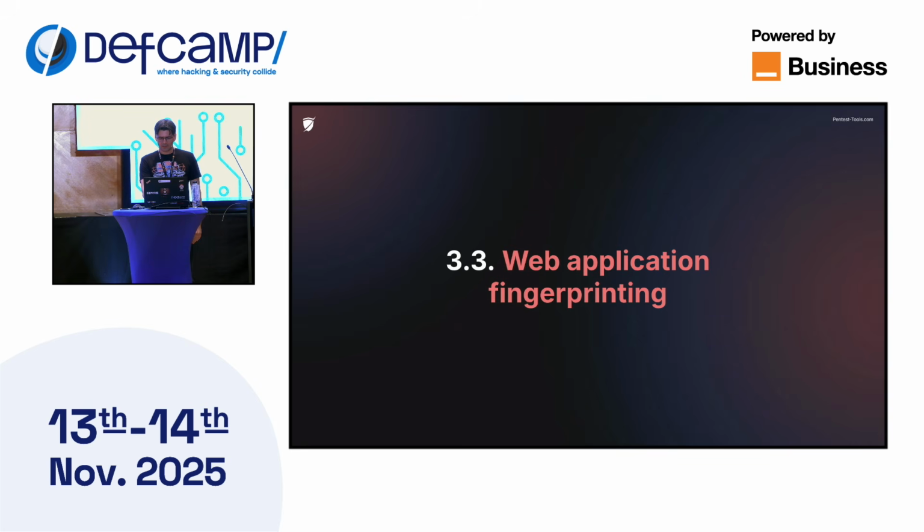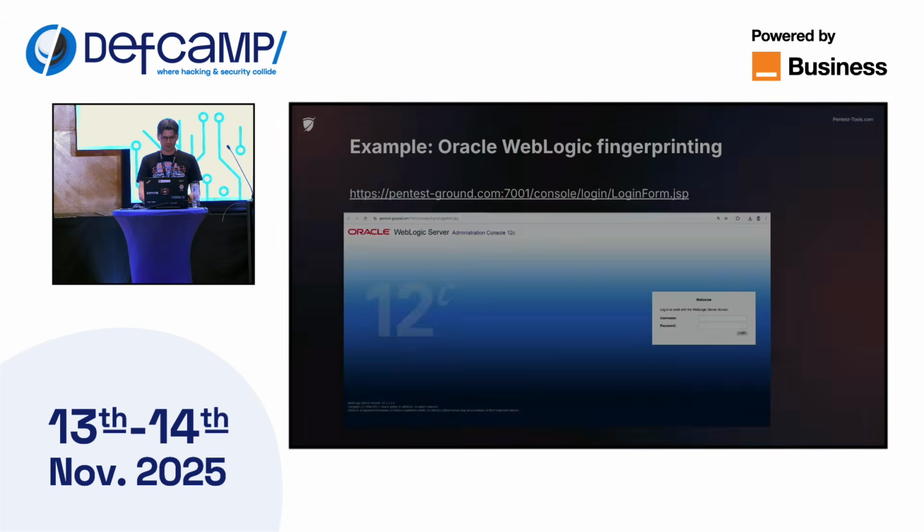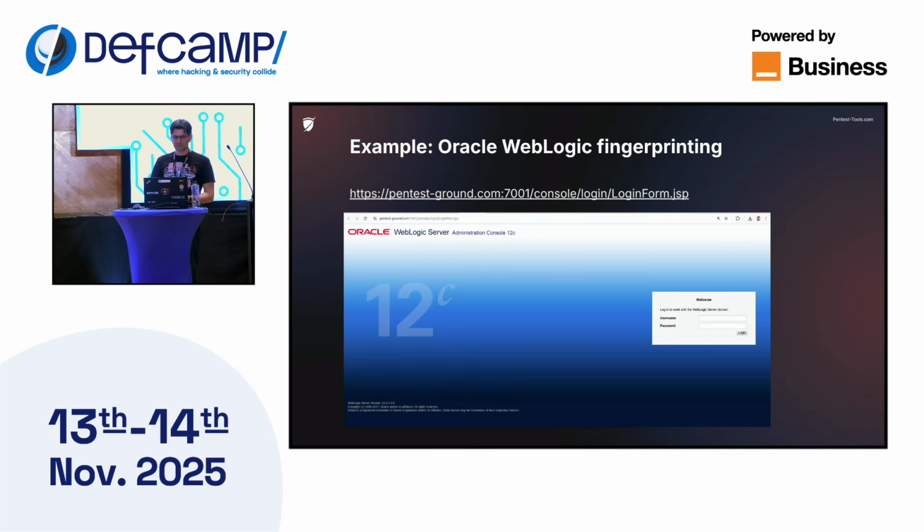Some other interesting cases for web application fingerprinting. For instance, here we have popular tools like Wappalyzer, WhatWeb, and so on. But those are not perfect. For instance, if we encounter this type of login page, so this is a vulnerable Oracle WebLogic server that we have on pentestground.com.